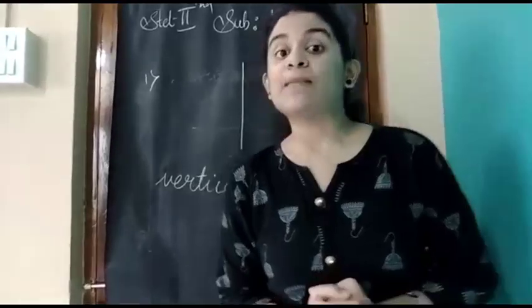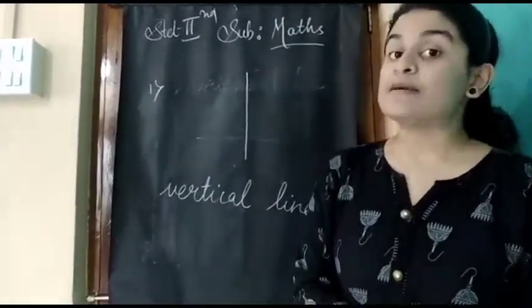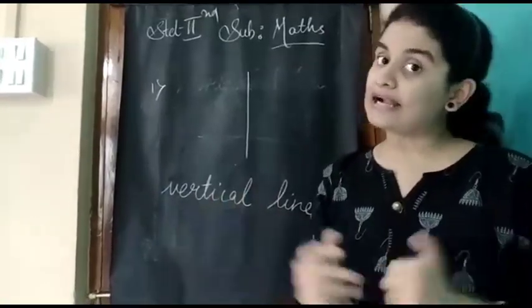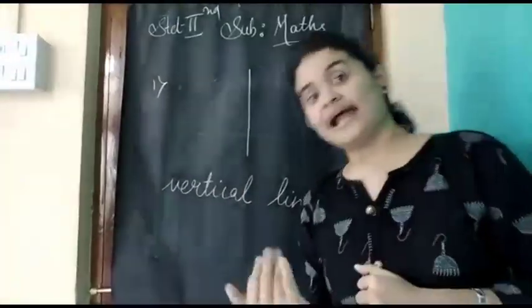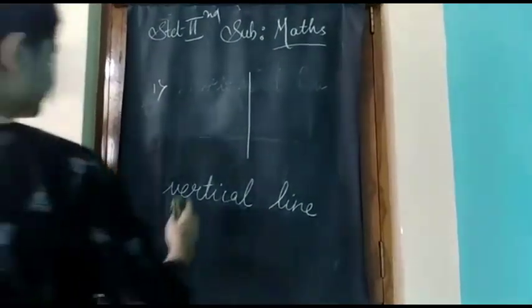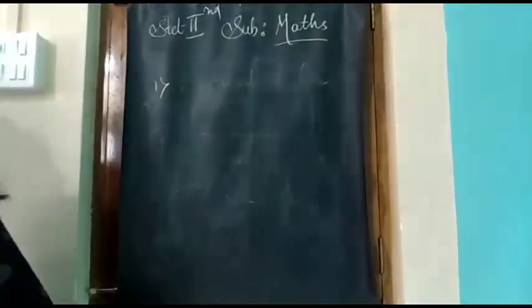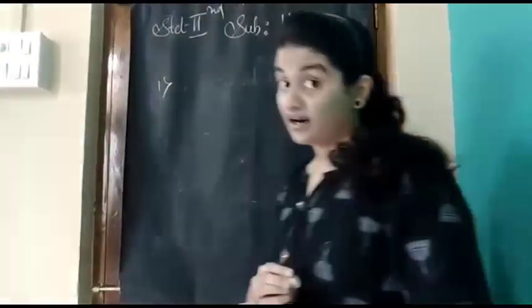Tell me the name of the third line. Yes, the name of the third line is inclined line. Right? Let's draw on the blackboard. The third line is inclined line.